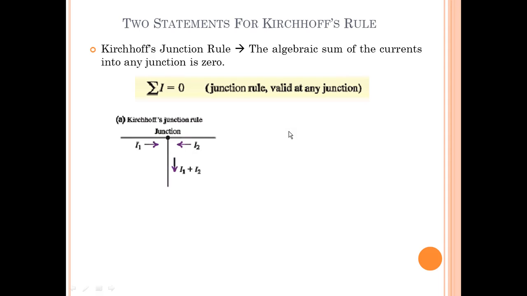Now, this idea builds on the law of conservation of charge, or the law of conservation of mass, since the current is made up of moving charges or moving electrons. So definitely, if you have these particles entering a junction, there is no way for those particles to disappear at that junction, but instead we expect them to move along any free conducting path, such as this lower wire here.